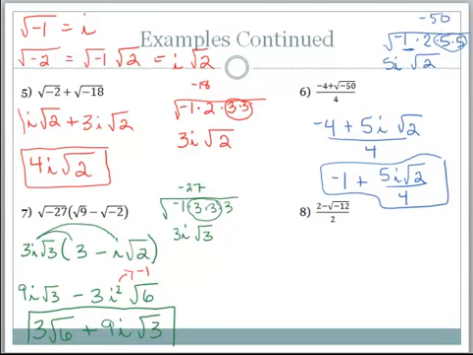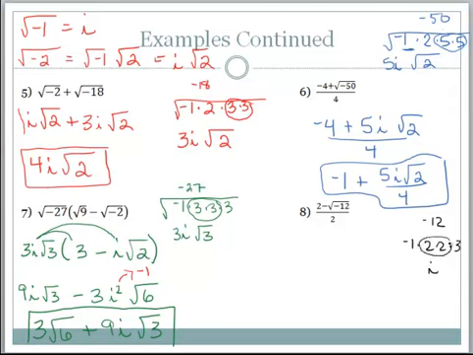How about the last problem? We have 2 minus the square root of negative 12 all over 2. So break down the 12. That's negative 1 times 2 times 6. So 2 times 2 times 3. Negative 1 gets to come out as an i.